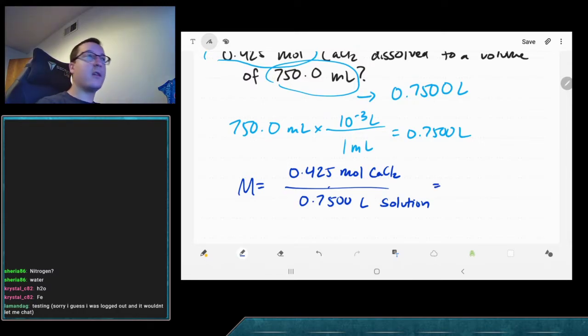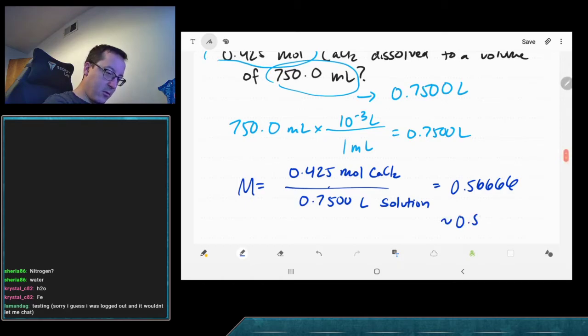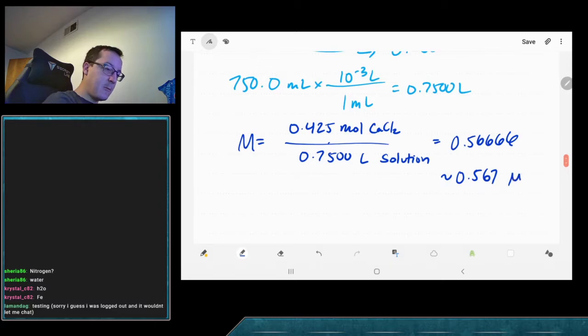Let's do the math. 0.425 divided by 0.75 is 0.56666666 forever. Looking at sig figs here, it looks like we're going to want 3. So this would be best described as 0.567 molar.